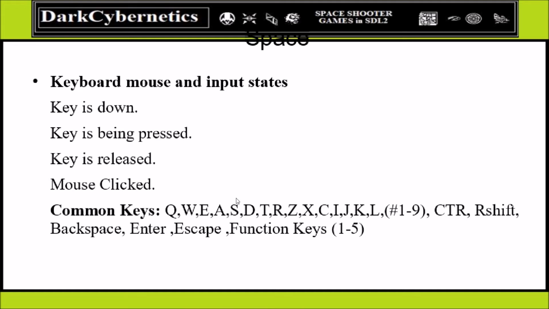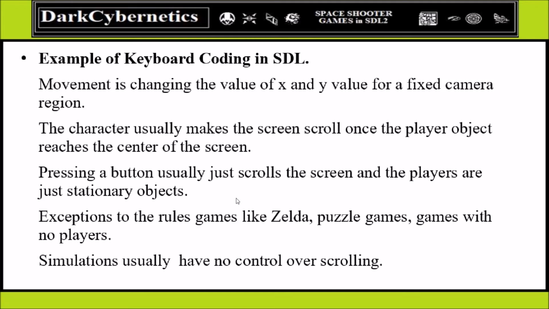The 1 through 9 keys are hotkeys a lot of times for a lot of games. Our controls are really based on if you're left or right-handed, right? Spacebar, enter, escape, and the first 5 function keys are usually what you use for most games, right? The ones beyond that are usually used for system things. I mean, we don't really go that far. We're taking screenshots, and that hardly ever happens, right?